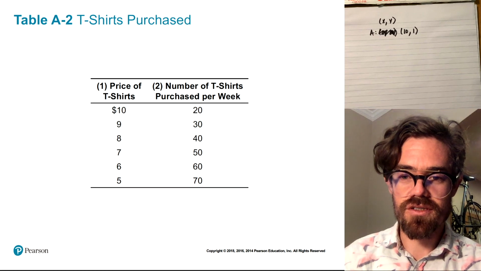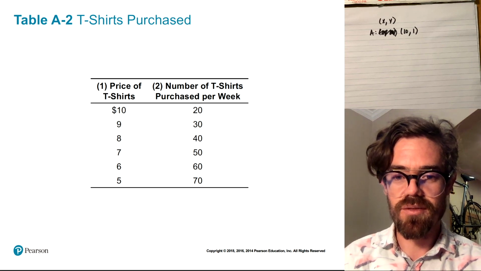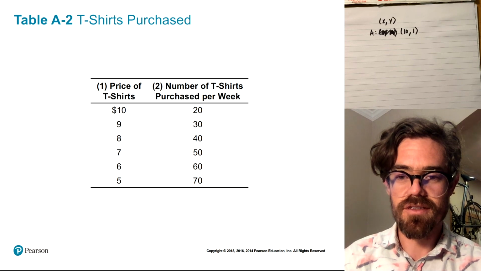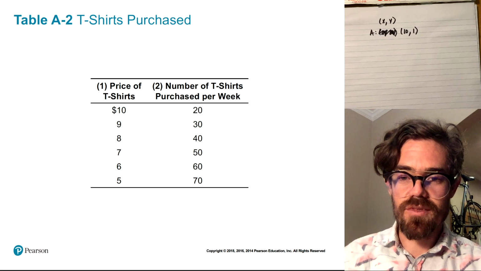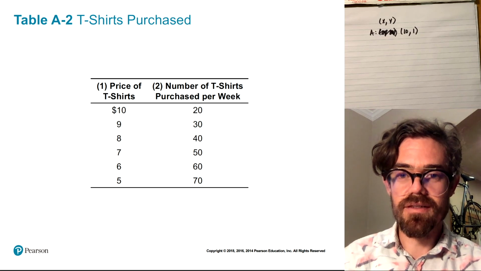The quantity purchased, right? So it seems that price is the independent variable and quantity of t-shirts purchased is the dependent variable. And that's probably the best answer. Although I might talk about an instance where it might make sense to be the other way around, at least if you're in the microeconomics course. But that's for a later day.